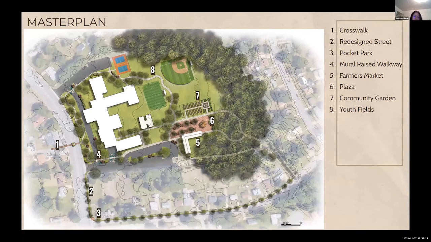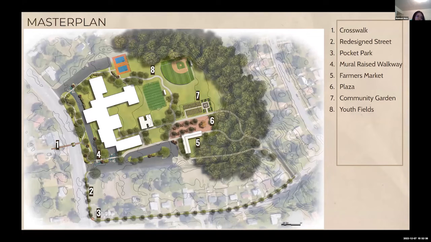Then we'll have raised mural walkways. I felt the loading dock kind of separated the walkways, and maybe some art will help encourage people to walk through the space more. Then there's a farmer's market, a plaza, a community garden, and some new and renovated youth fields.